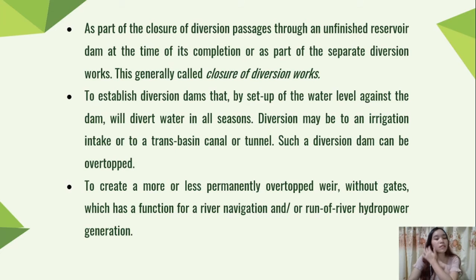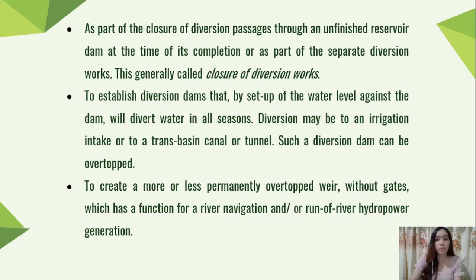The second is as part of the closure of diversion passages through an unfinished reservoir dam at the same time of its completion or as part of the separation diversion works. This is generally called closure of diversion works. Then to establish diversion dams, by set up of the water level against the dam will divert water in all.